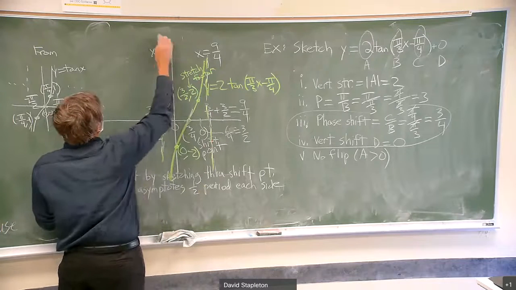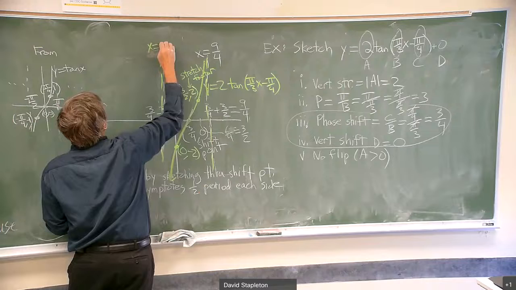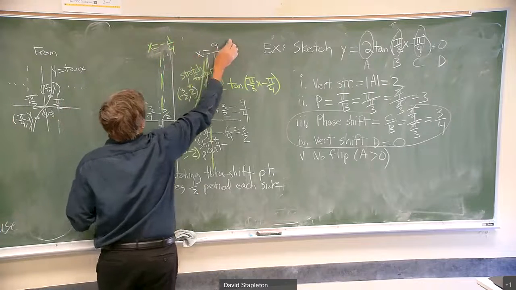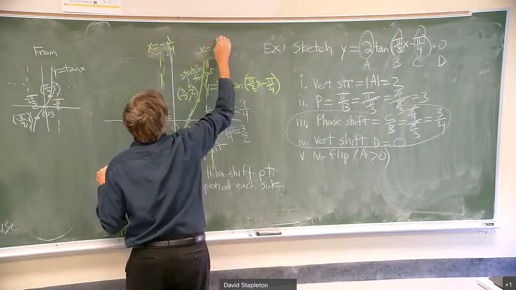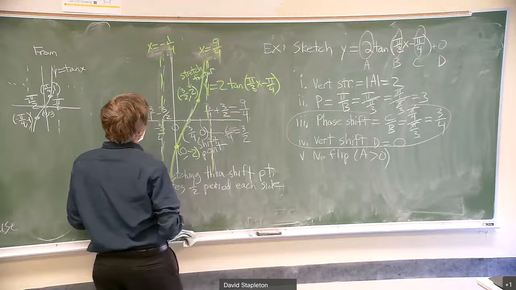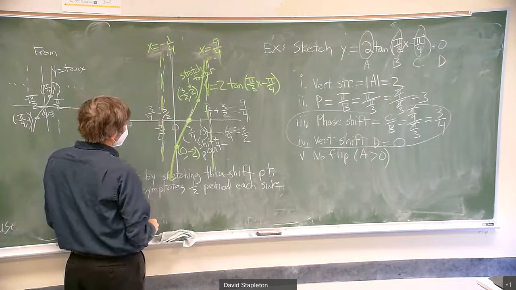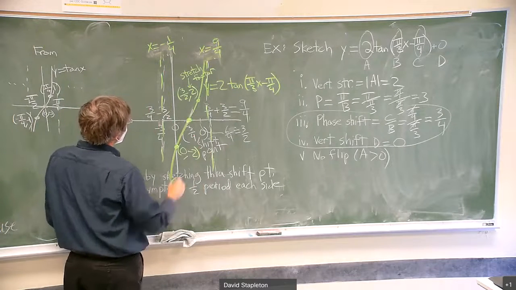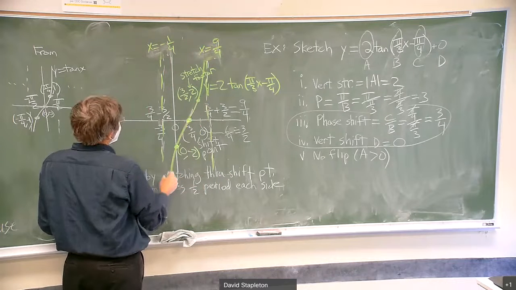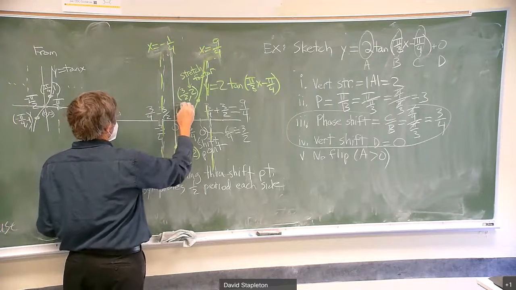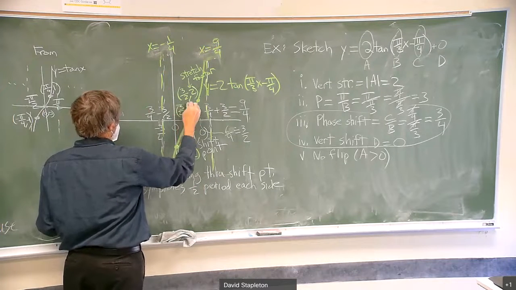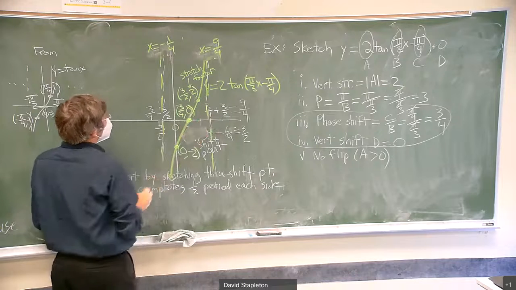I've got asymptotes, x equals minus a fourth, x equals 9/4. I've got this important x-intercept at 3/4, 0. And I've got these 2 points here, 0, -2, and 3/2, 2. Let's call this 3/4, 0 in green. There we go. So now it's all in green.